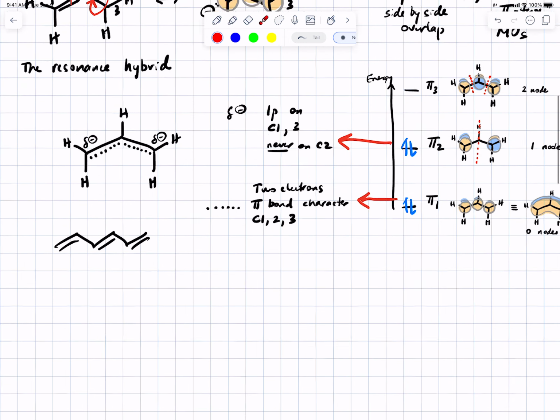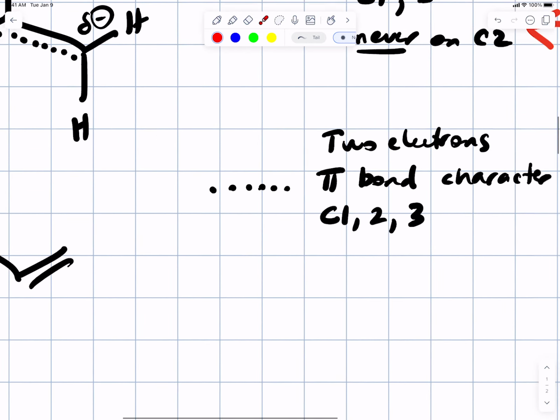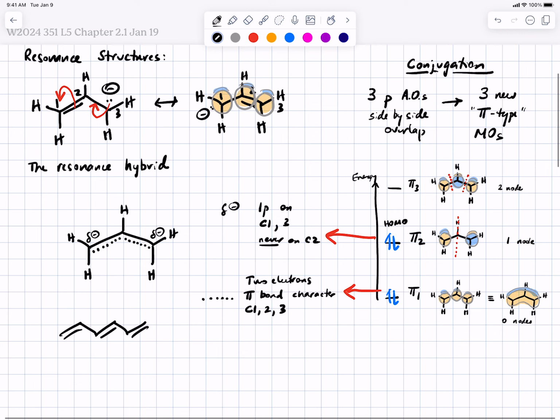You have to decide how many electrons are involved in this conjugated system with adjacent atoms, all with p orbitals on them. And then you have to decide which one's HOMO and which one's LUMO. Over here, the highest energy electrons, the ones associated with the negative charge and the lone pair, that's pi 2, the HOMO of the system. And if indeed you were to do chemistry with the allyl anion, it would be that orbital that does the attacking.